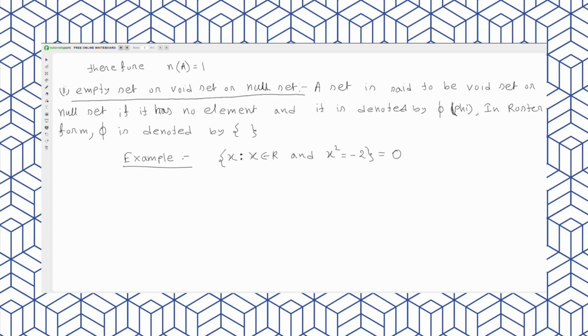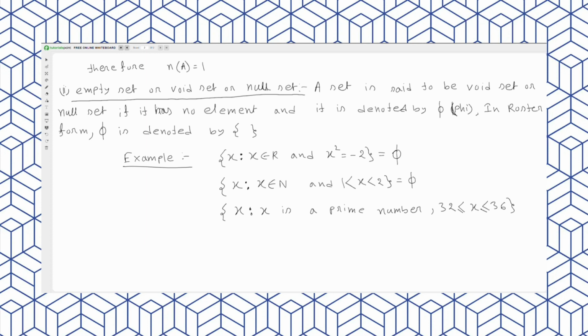Now the next example, {x such that x belongs to N and x is between 1 and 2}. We all know that between 1 and 2 there is no natural number, so it is also impossible. So this set also has no elements in it. Next example is {x such that x is a prime number between 32 and 36}, where 32 and 36 are both included.